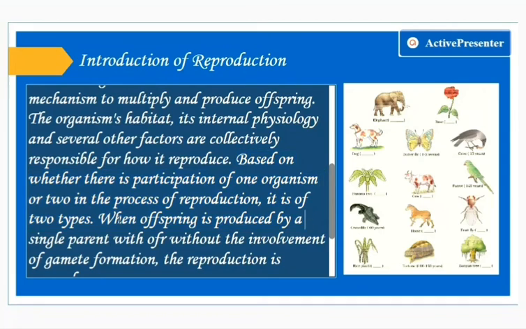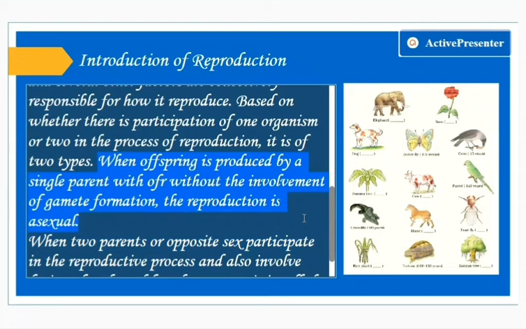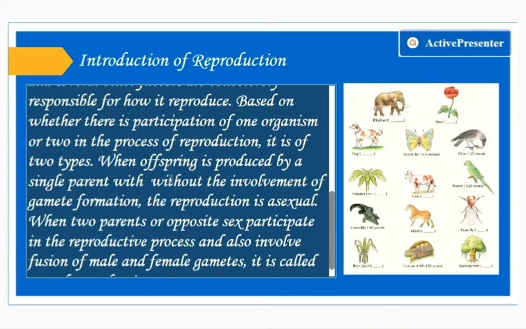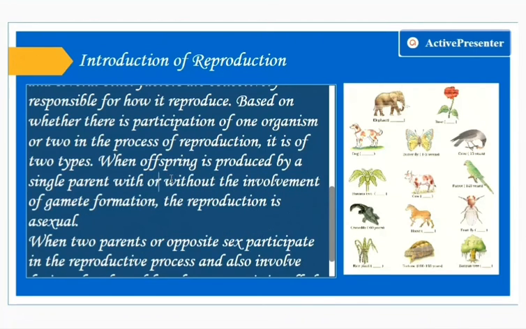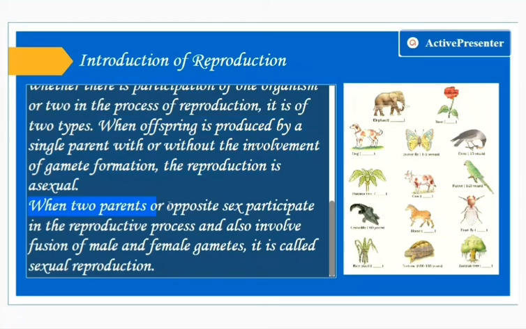When offspring is produced by a single parent with or without the involvement of gamete formation, the reproduction is called asexual reproduction. On the other hand, when two parents of opposite sex participate in the reproductive process and also involve fusion of male and female gametes, it is called sexual reproduction.